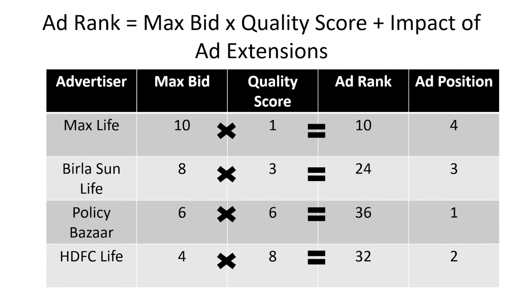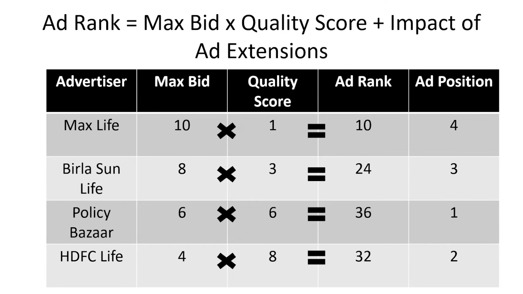So once we know whose ad should be shown on top, we need to determine how much the advertiser ends up paying to Google, since we are talking about pay per click, which means if the user is searching for a term, sees an ad and clicks on the ad, only then would an advertiser end up paying a certain cost per click to Google, right?